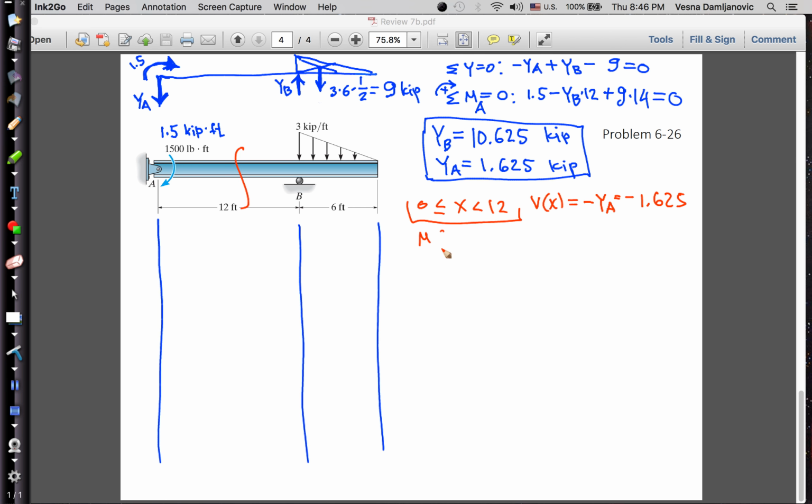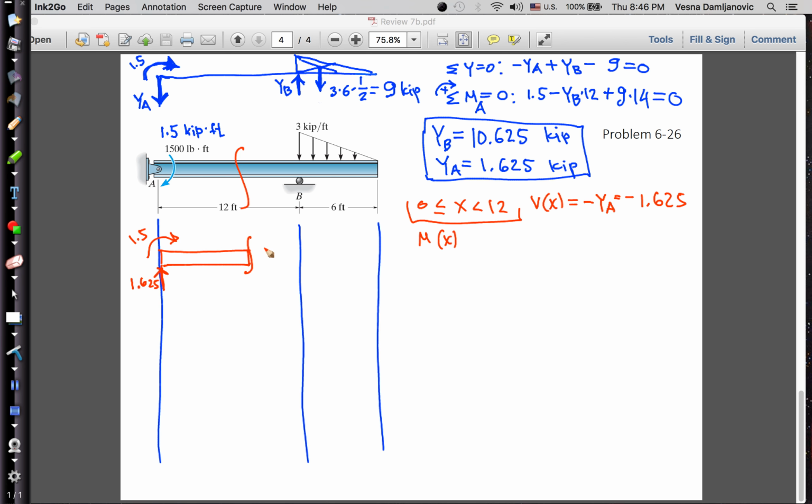The moment for that section, well, let me draw it. Okay, so here we have this force, which is 1.625. That's what we had there. And we have this moment, which is 1.5. And then that's our section.